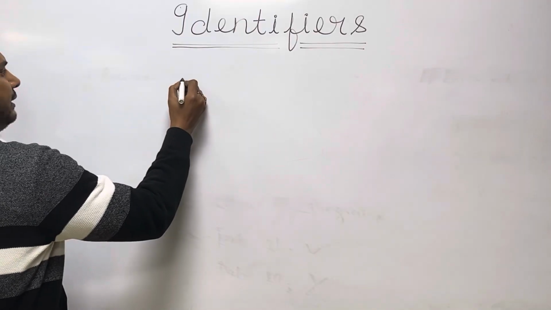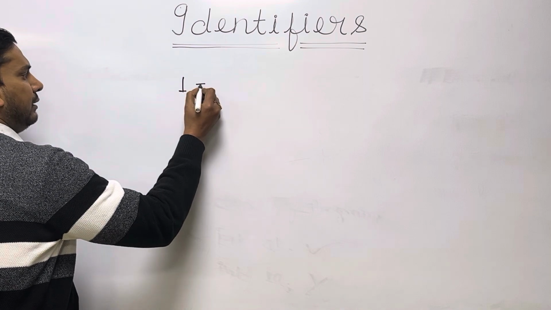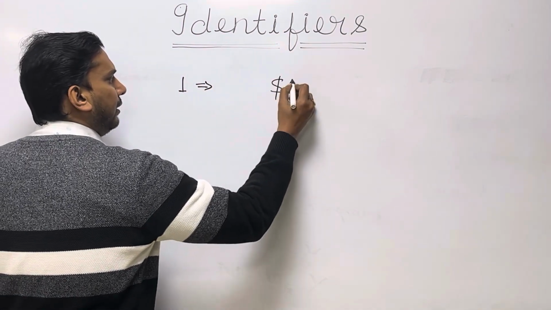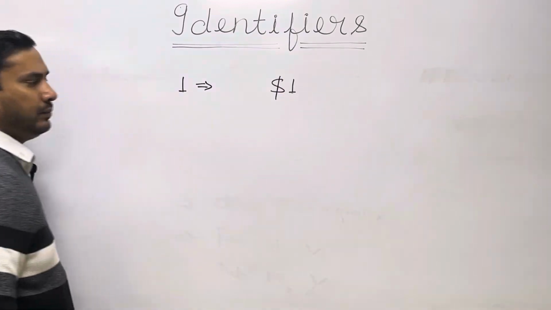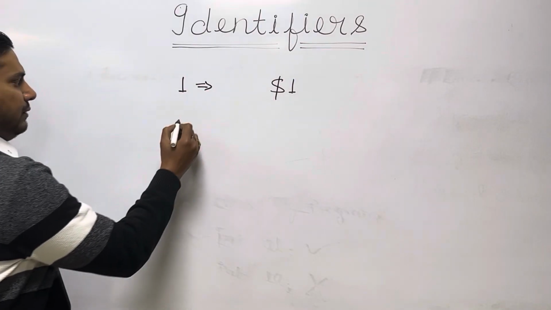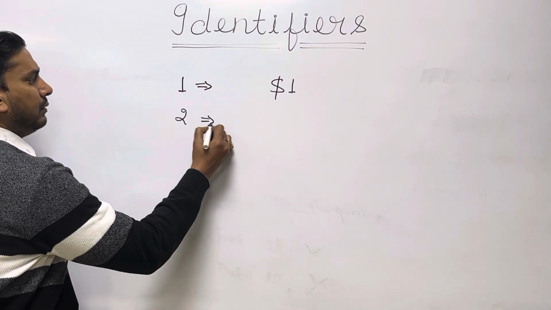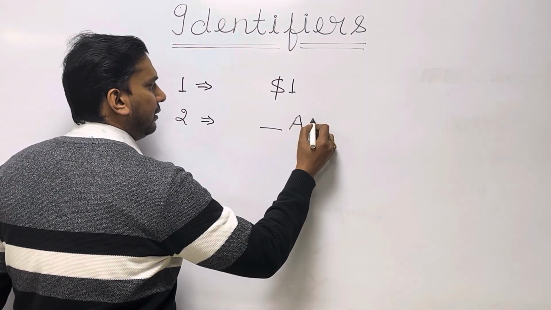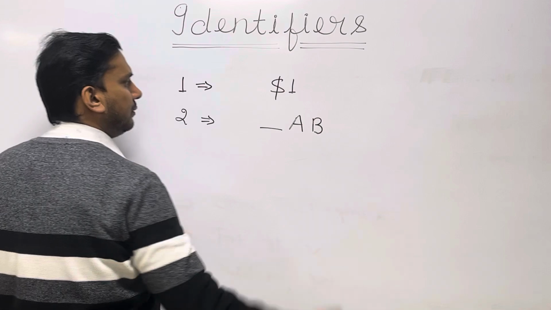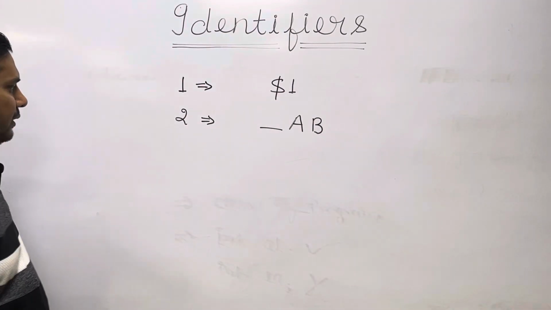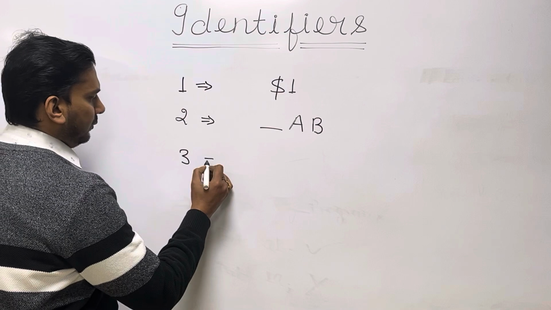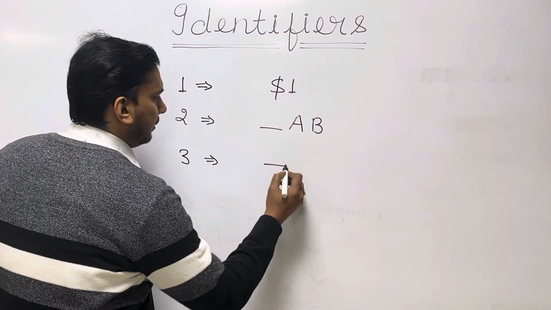The first one is $1. The second one is underscore ab. The third one is only underscore.